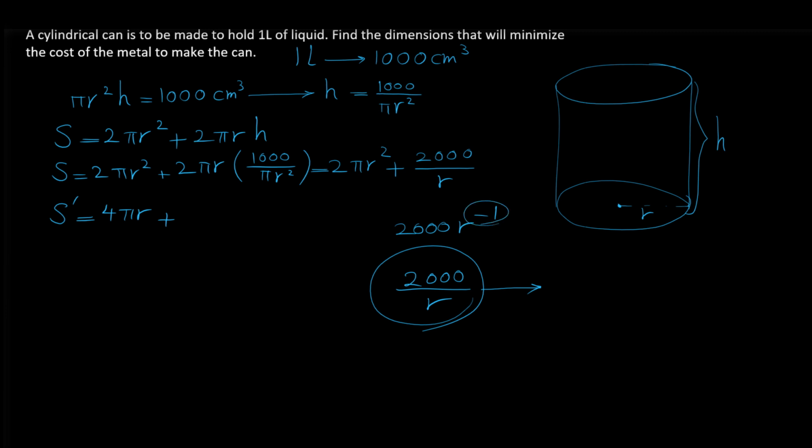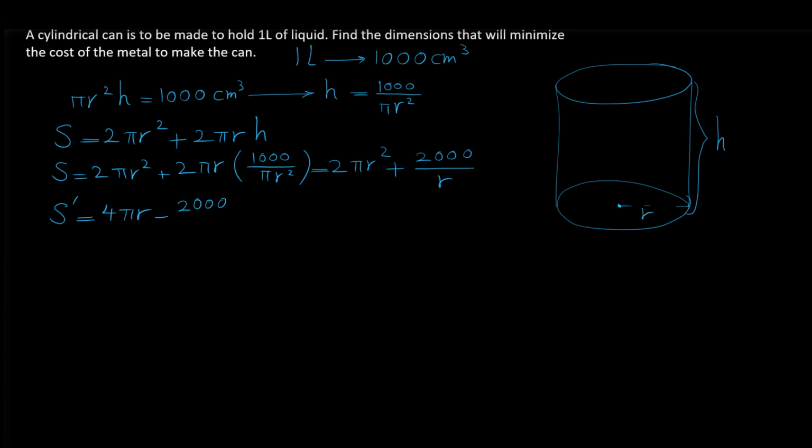Then -1 multiplies by 2000, it becomes -2000 times r to the power of -1 minus 1, which is -2. And we can rewrite this as -2000 over r squared. So the derivative of 2000 over r is -2000 over r squared.